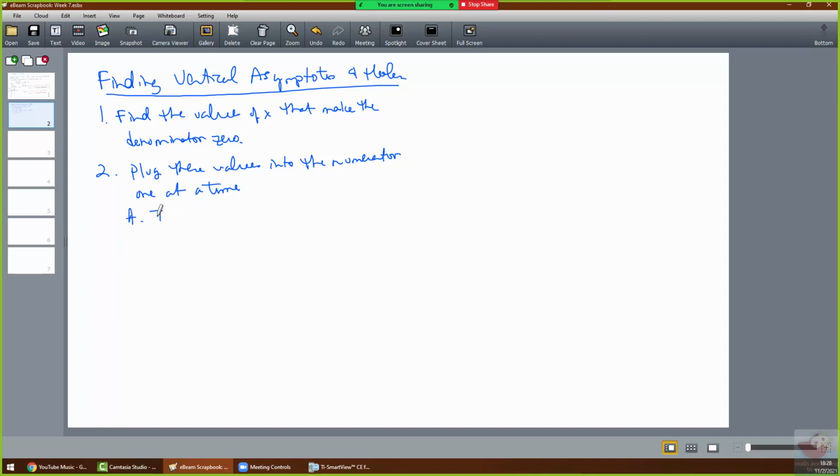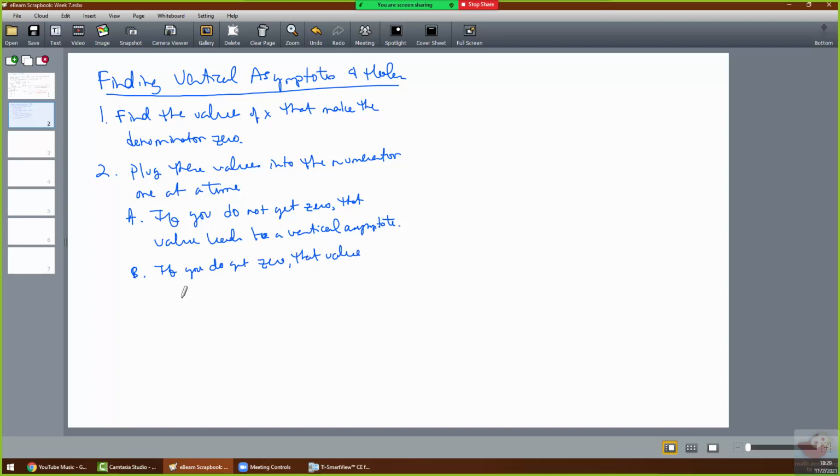The first one, if you do not get 0, that value leads to a vertical asymptote. If you do get 0, that value leads to a hole.